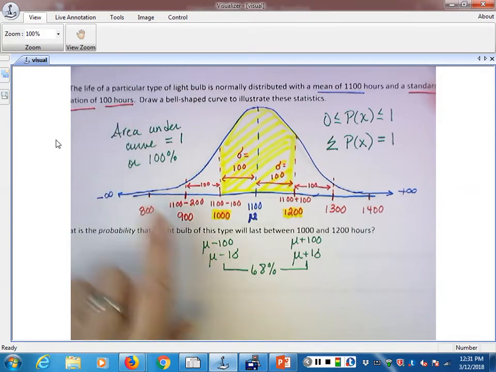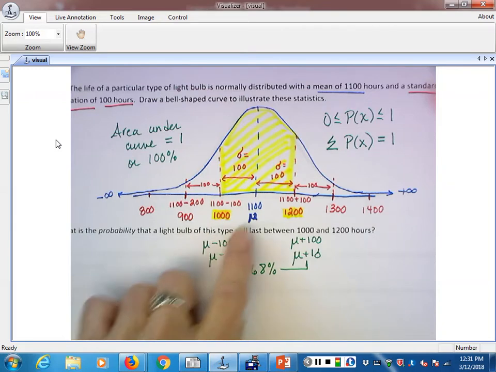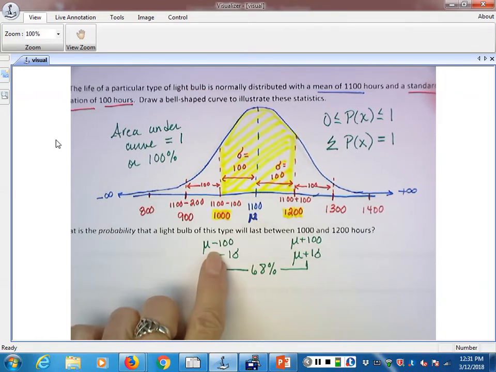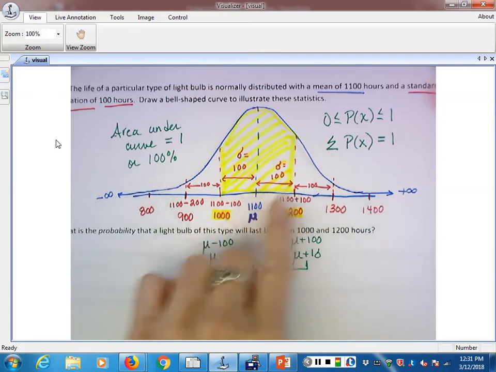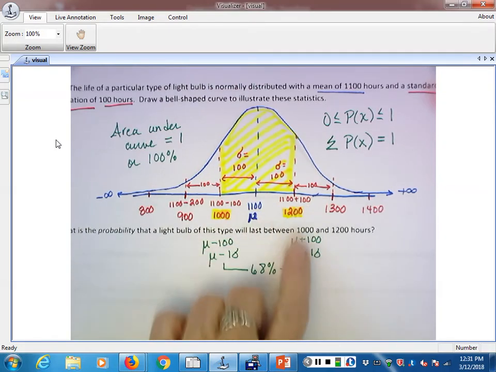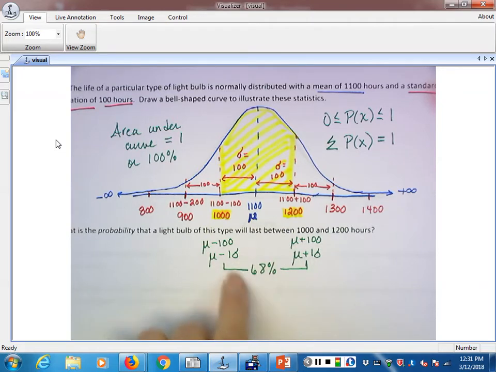And your empirical rule says that between the mean minus one standard deviation, which is where this is, and the mean plus one standard deviation, which is what this is, you have 68% of your data. This is just a summary of all of the last several things that we said. It's just an illustration of it. How do we get 68%? Because that's the empirical rule.